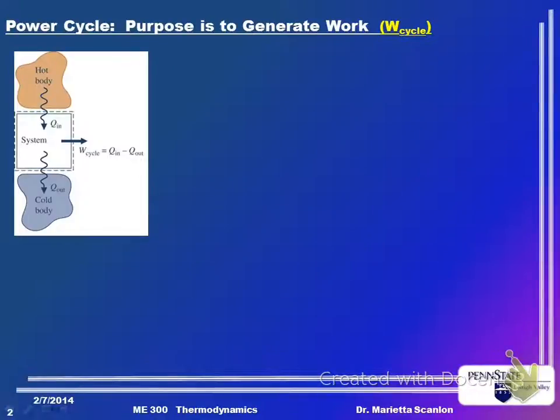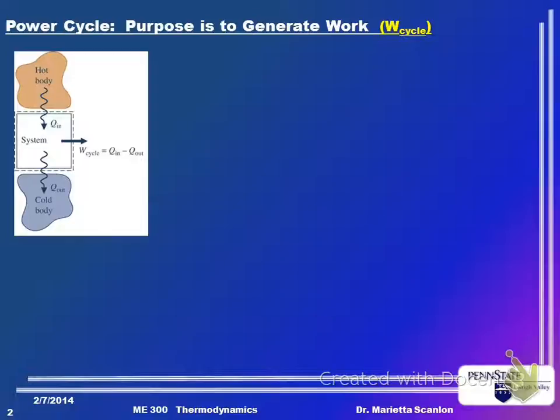So power cycle, the purpose is to generate work. So you have a W cycle that you're trying to capture, okay? So the schematic for a power cycle, my system is some collection of gas or working fluid, whatever I'm going to define it as. It is in contact with both a cold body and a hot body, okay?